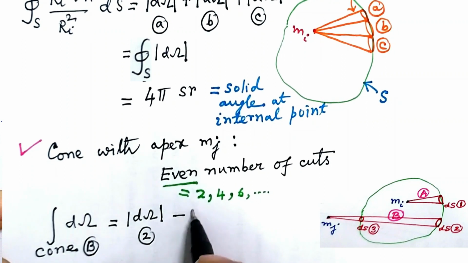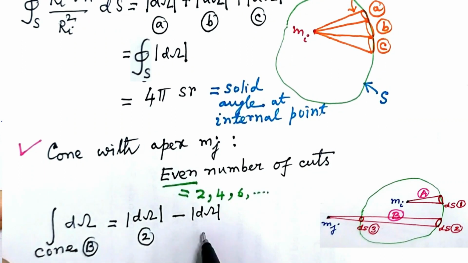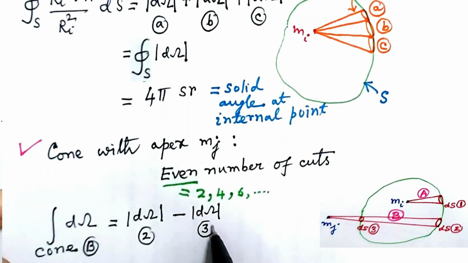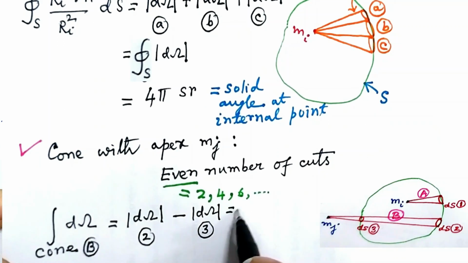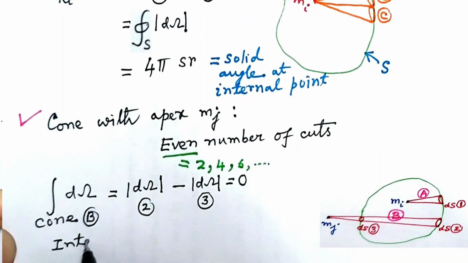And then we have minus mod d omega, which is the contribution of ds labeled by number encircled 3, at which theta is obtuse as cone B enters into S. So the contributions at ds's at 2 points of cone B cancel each other out. Clearly cone B, I mean the cone starting from outside of S, does not contribute.